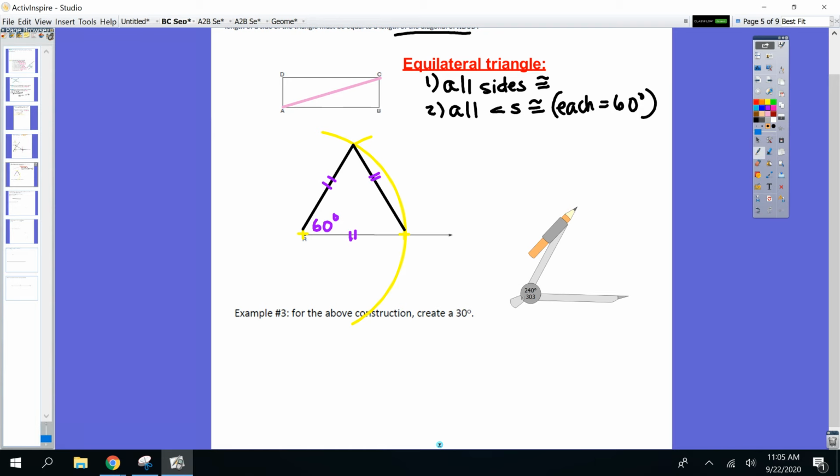So how do I go from a 60 to a 30, which is what I'm asking you for? You cut it in half, yeah, but I'm looking for the geometry term for cutting it in half. Bisecting it. We're going to bisect it, okay? So somebody pick an angle to start with. You can use angle R or any of the other two angles, and we're going to bisect it.